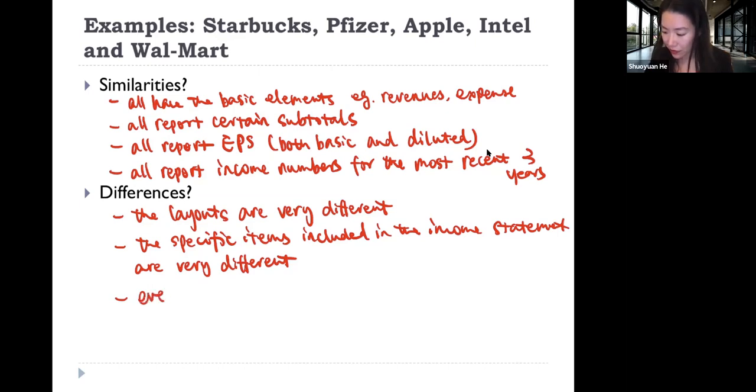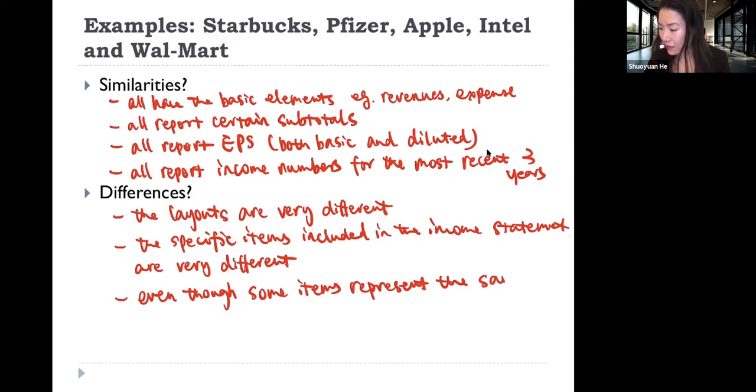So even though some items represent the same thing, they are named differently.